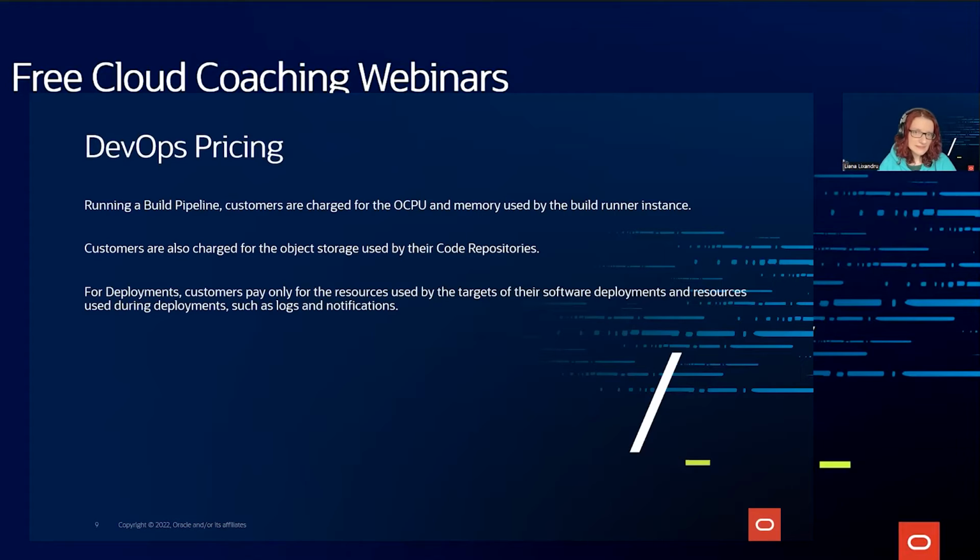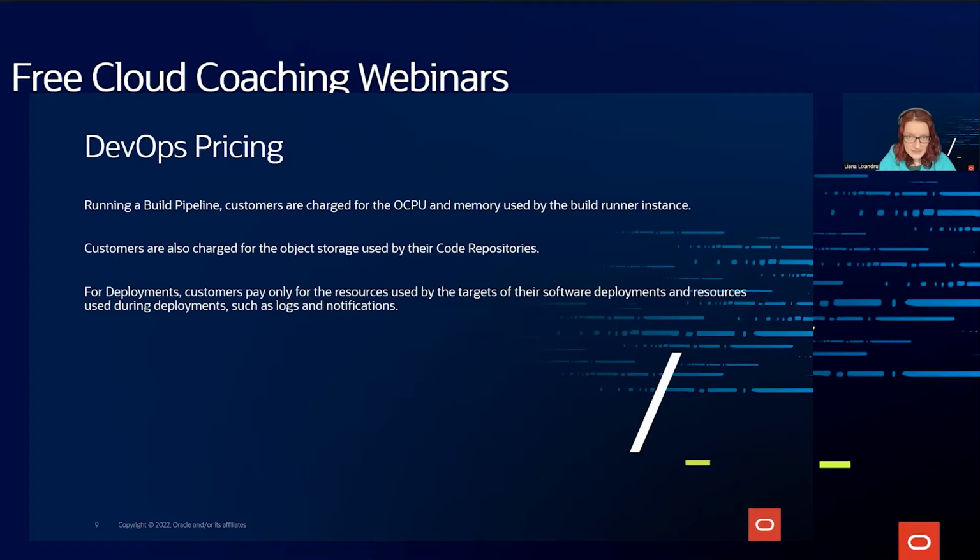So basically this service is completely free to use. However, you will be charged for the underlying resources that are used while running, for example, the build runner. You would be charged for the OCPU and for the memory that is used when running your build pipeline.